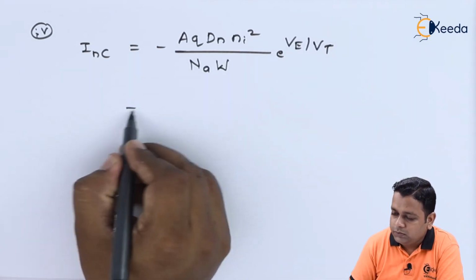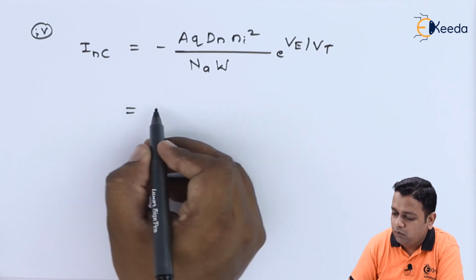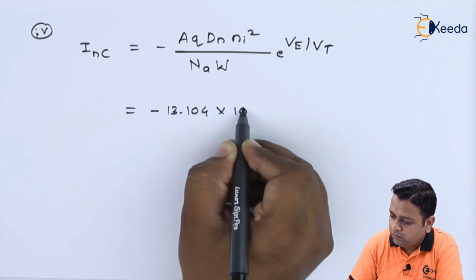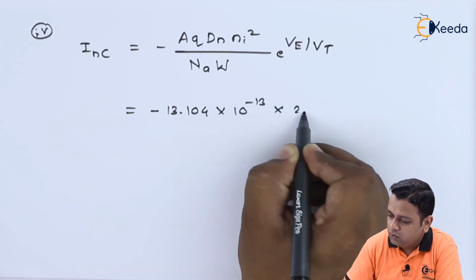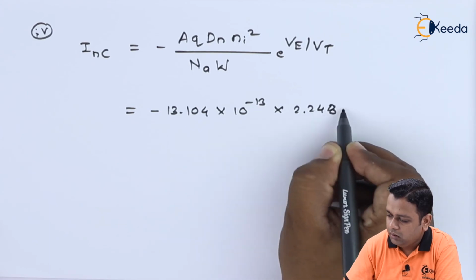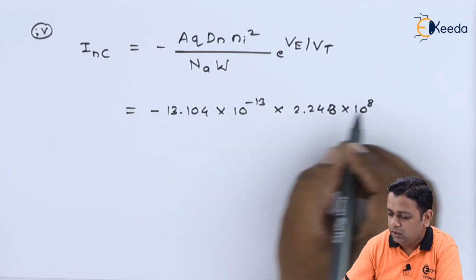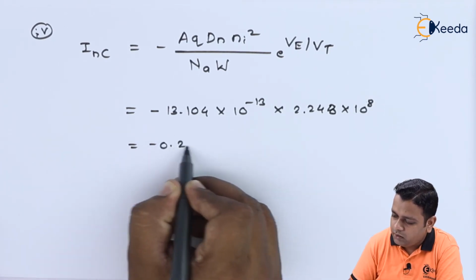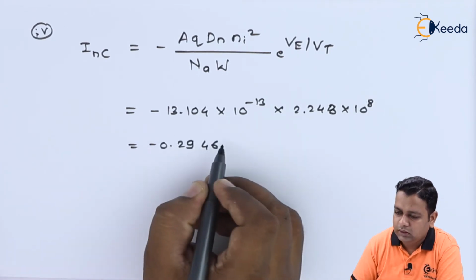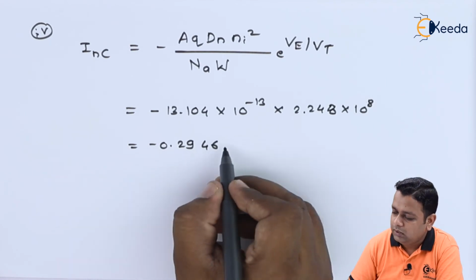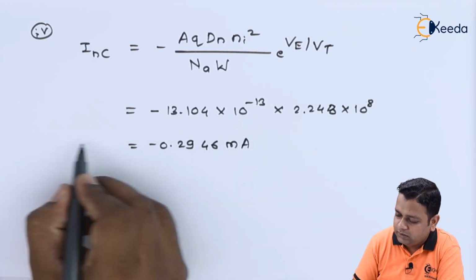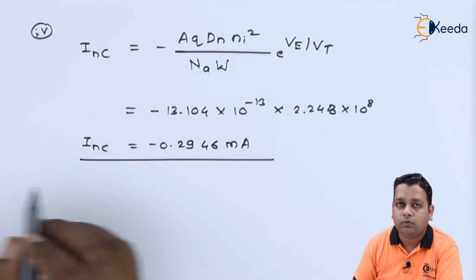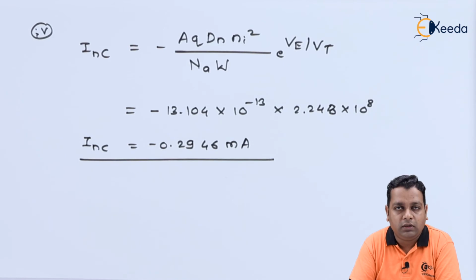Substituting the values, we get the simplified form, that is minus 13.104 into 10 raised to power minus 13 into 2.248 in multiplication to 10 raised to power 8. So this gives the answer minus 0.2946 into 10 raised to power minus 3, hence I write milliamperes. So this is the INC, the fourth type of current here.